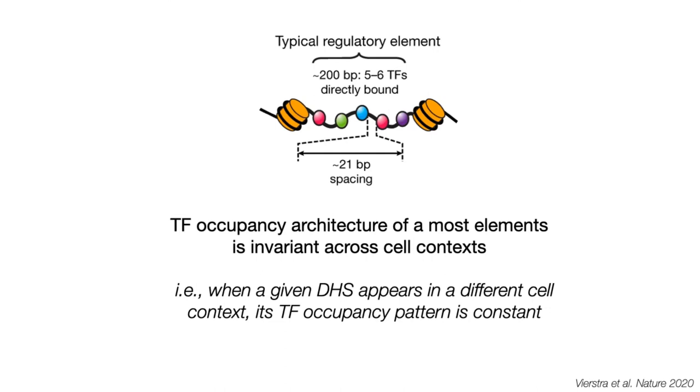Essentially, it means that when a given DNase hypersensitive site appears in a given different cell context, its TF occupancy pattern appears to be constant. In other words, most of the regulation is driven by the coincident activation of elements rather than the turnover of transcription factors within an element.